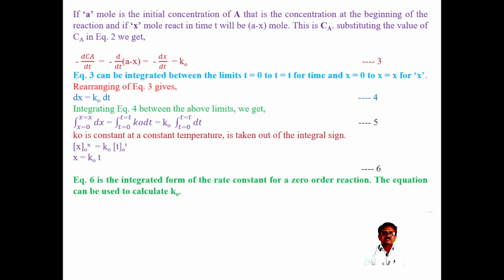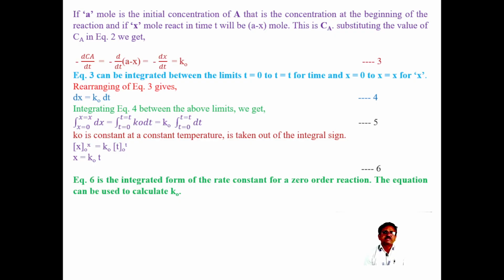So, if we substitute the value of CA in equation 2, we get minus dCA upon dt, the change in concentration of A with respect to change in time t, is equal to minus d upon dt of (a minus x), which equals minus dx upon dt, that equals K0. This is the rate constant we have. Put this as equation number 3.